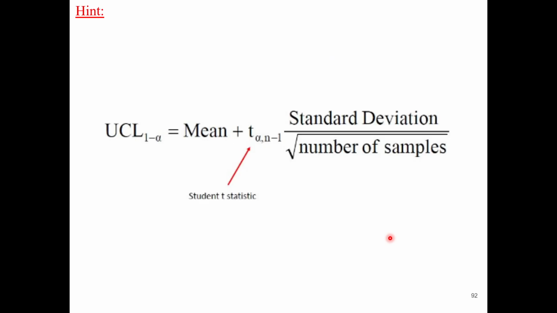If you remember the exact formula, it is UCL 1 minus alpha equal to mean plus T alpha n minus 1, where T is the student t statistic, into standard deviation by square root of number of samples. Alpha here is the significance level, 1 minus alpha is the confidence level, and n minus 1 is one less than the number of samples. n is the number of samples.